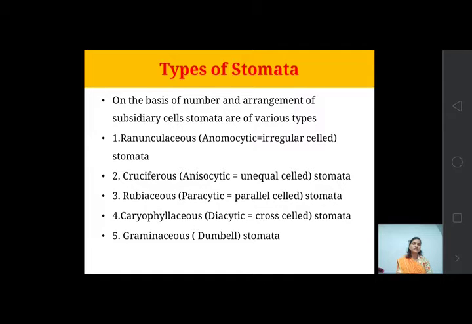The fifth one is Graminaceous stomata, found in the Gramineae family. It is a monocot family, and the guard cells of this stomata are somewhat different from those of the 4 types, found only in the Gramineae family. So let's see the types of stomata one by one.